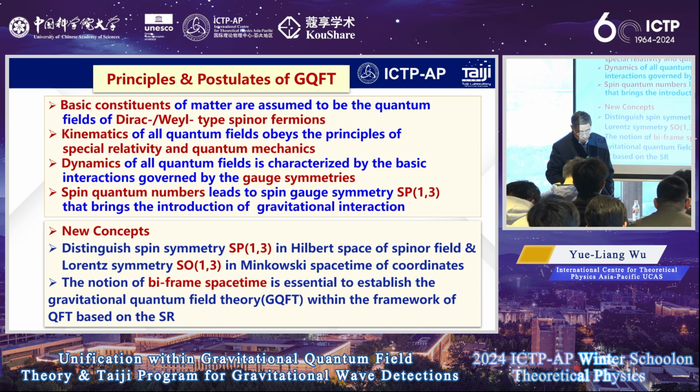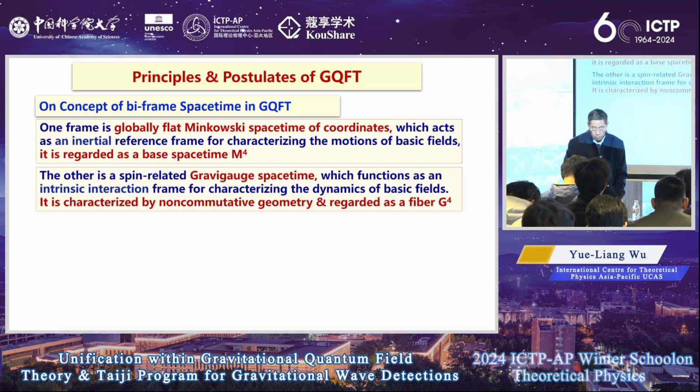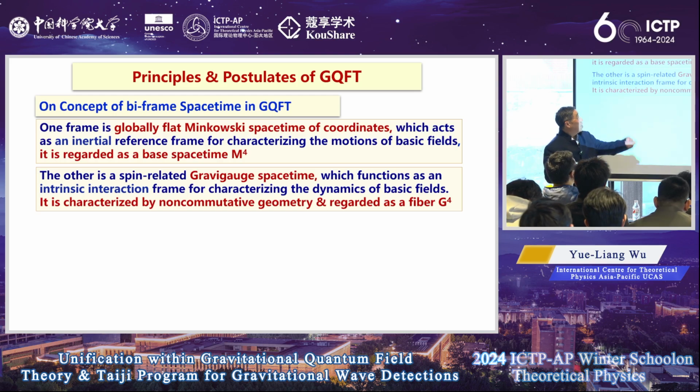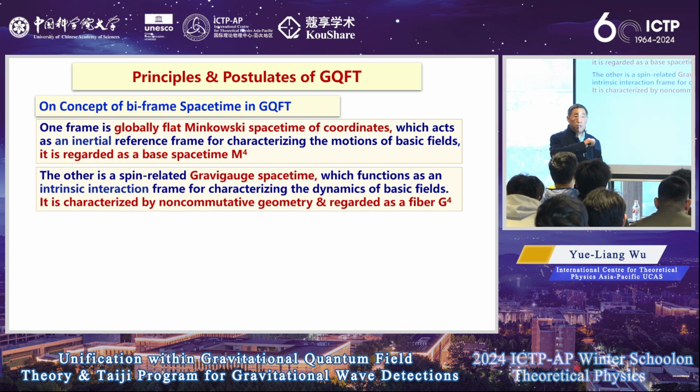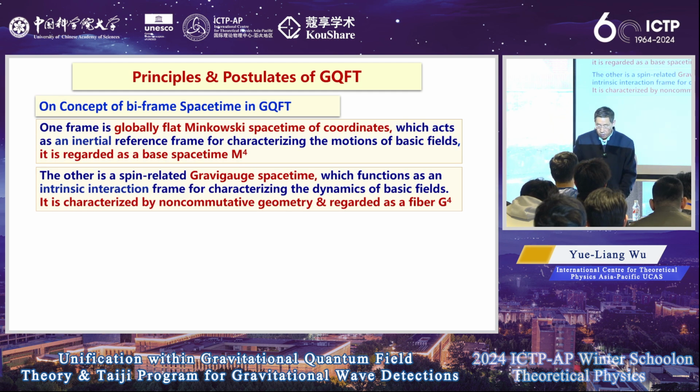Then we use this biform spacetime concept for the gravitational quantum field theory. The wave frame is still flat Minkowski spacetime of coordinates, which acts as an inertial reference frame for describing the motion of the basic field. So this actually is a base spacetime. And another one is spin related, which we will introduce later on. We call it the gravity gauge spacetime, which functions as an intrinsic interacting frame for describing dynamics of the basic field.